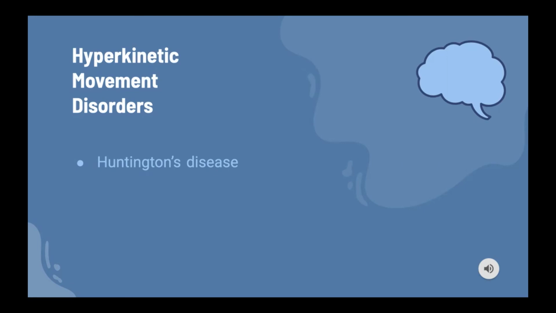Insignificant output is caused by degeneration of medium spiny neurons. The medium spiny neurons have an inhibitory input that is not lessened, which causes the globus pallidus to be very active, which reduces the inhibitory outflow from the basal ganglia.